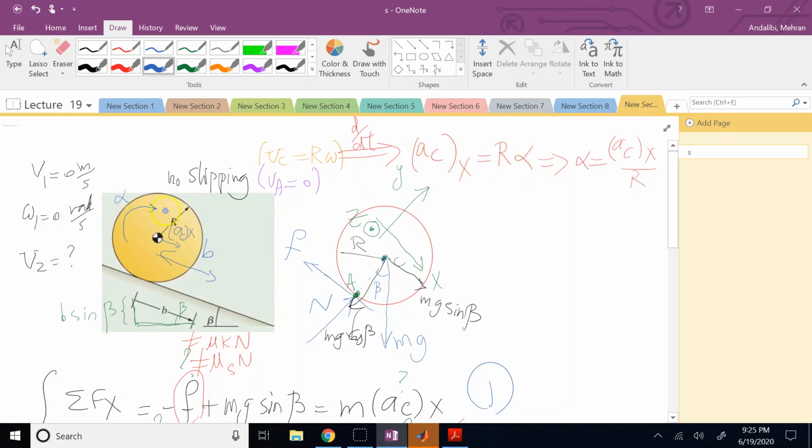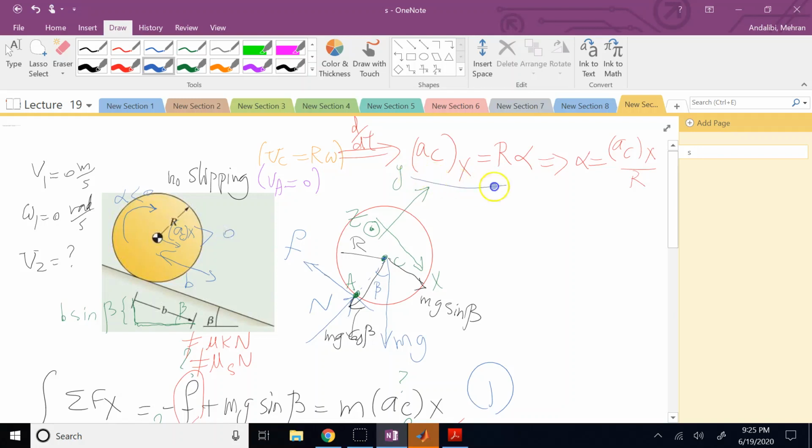But when the sign comes into play, because you know everything here has a sign, this alpha, which is clockwise, is what? Negative, right? While a_c in x, which is in the positive x direction, is what? Positive.